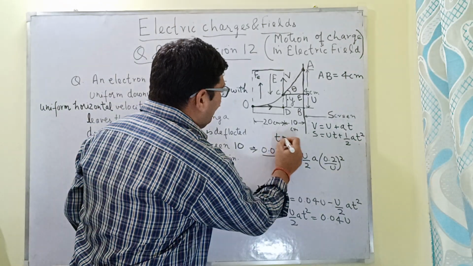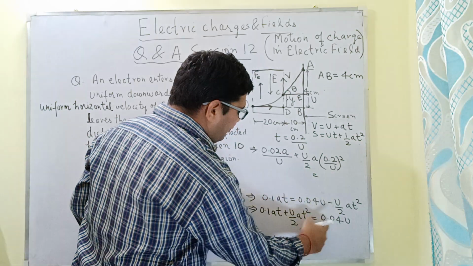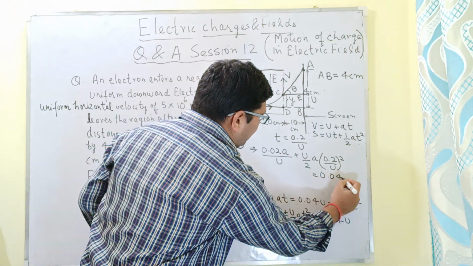I will just write the value of t here as 0.2 divided by u. Yeah. And this is equal to 0.04 u.